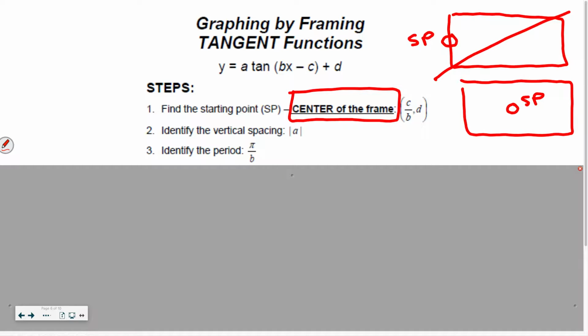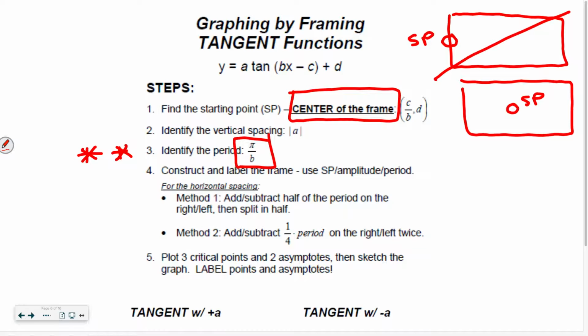The other big change, vertical spacing is still A, is going to be number 3, your period. Instead of doing 2 pi over B, when you get to a tangent problem, you need to just do pi over B. Now I'm going to talk more about this horizontal spacing in our example, but I'll describe it with my little image.